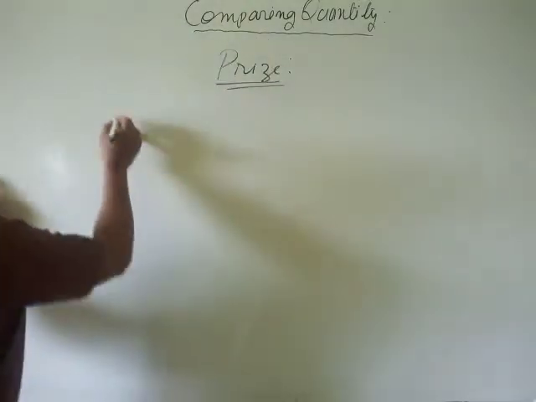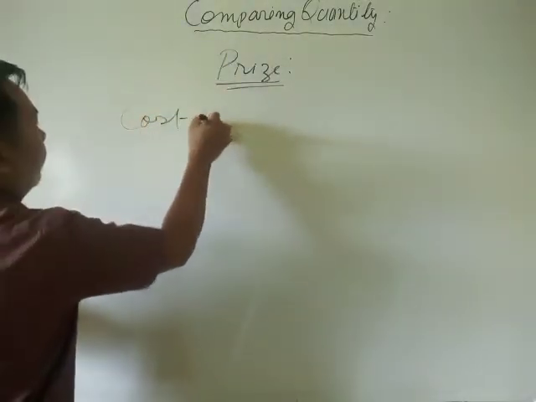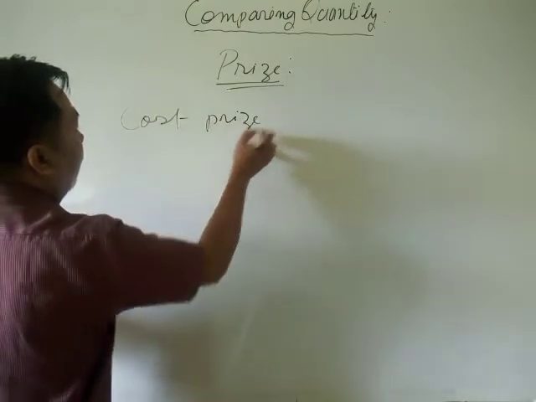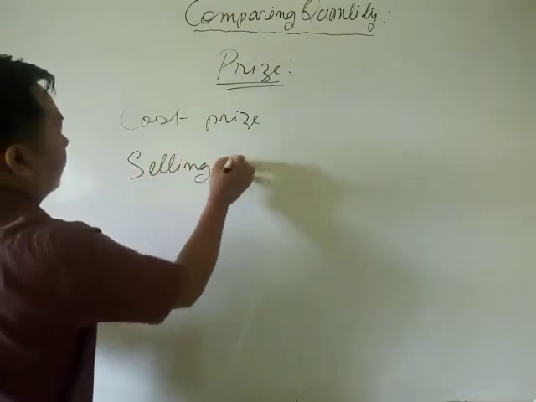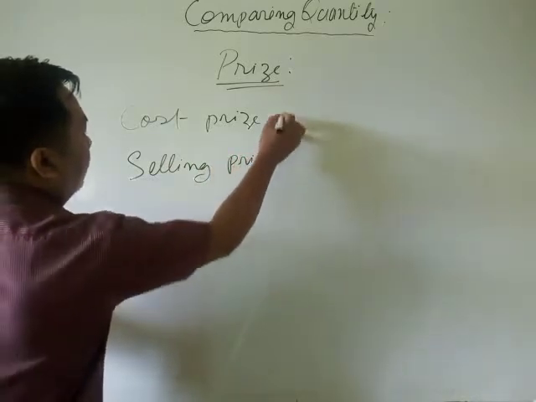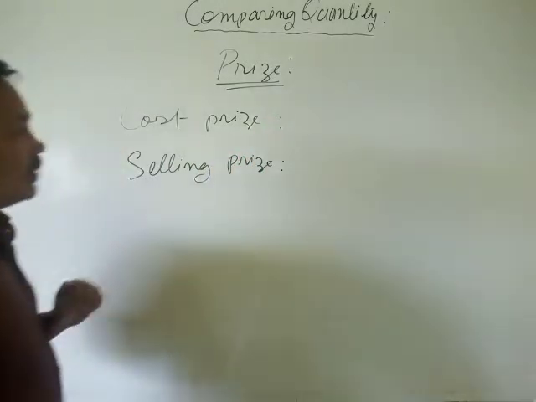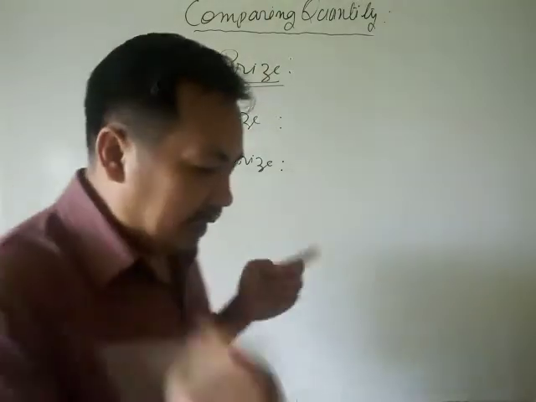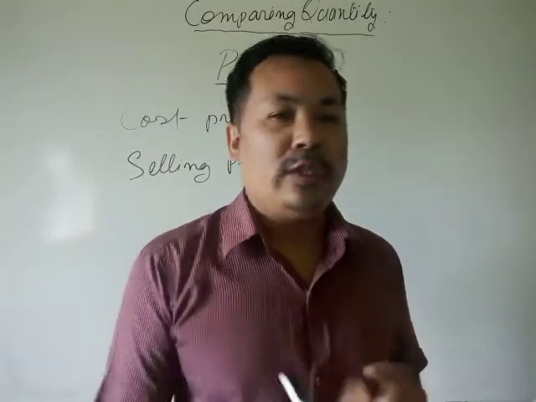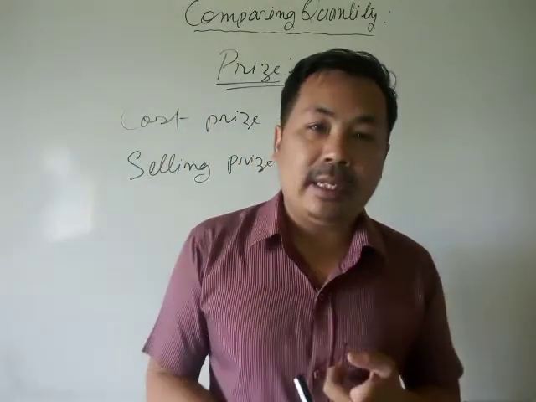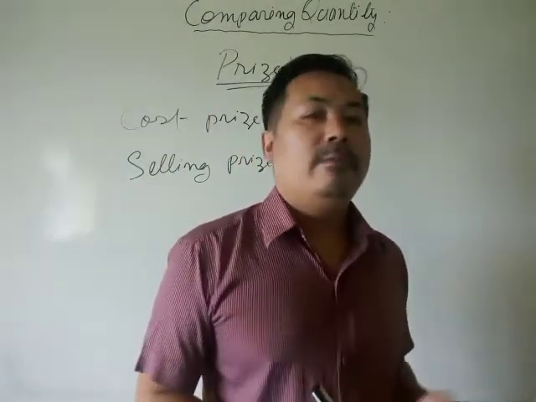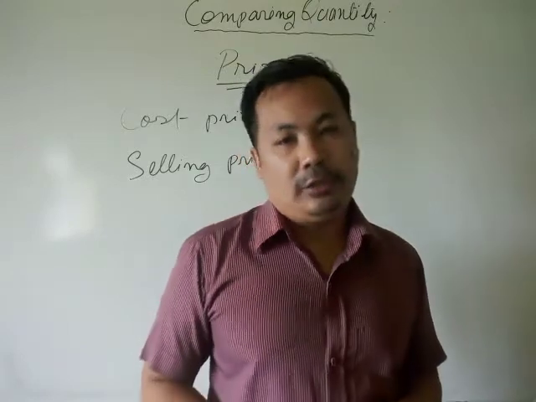It is called cost price and selling price. For example, the pen you use in your class is bought from the bookstore or stationery shop.